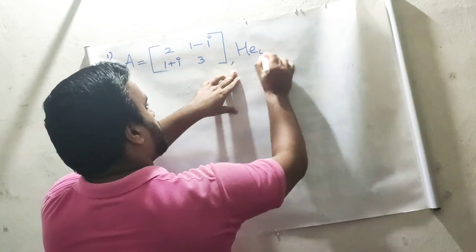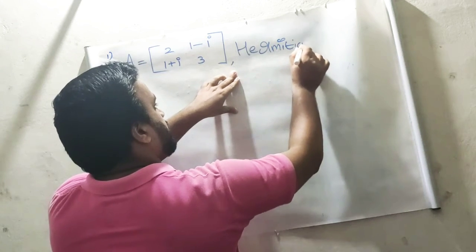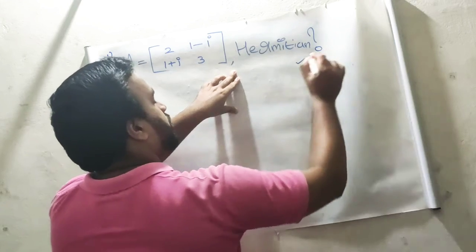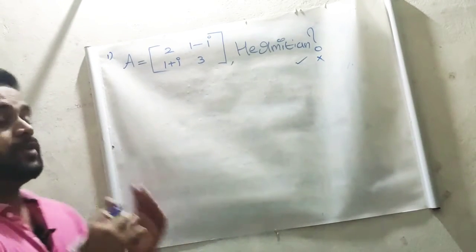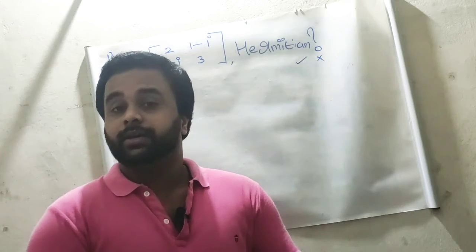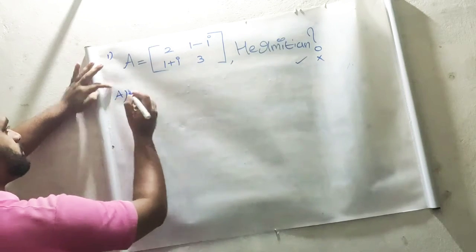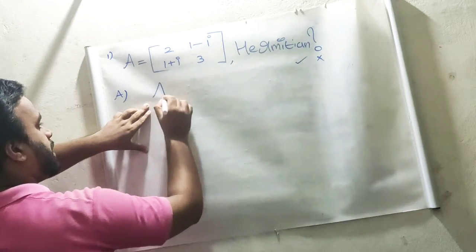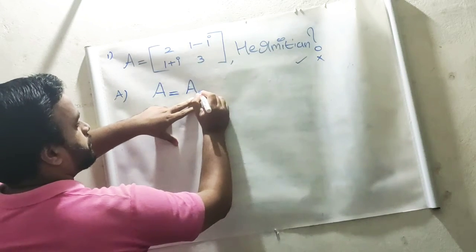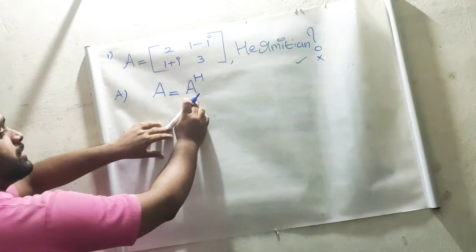So what's the condition for the matrix to be Hermitian? This matrix A should be equal to AH. What is AH?